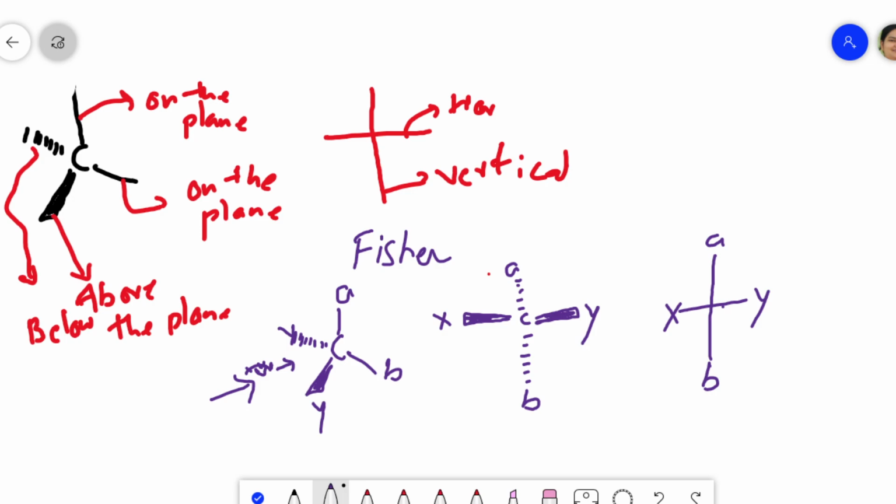So let us see one example. In this case, let us try to draw one molecule. Say this is your wedge representation. This is on the plane. This is also on the plane. Bond that is present above the plane, bond that is present below the plane.